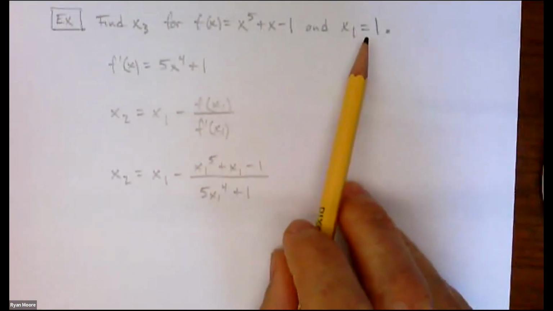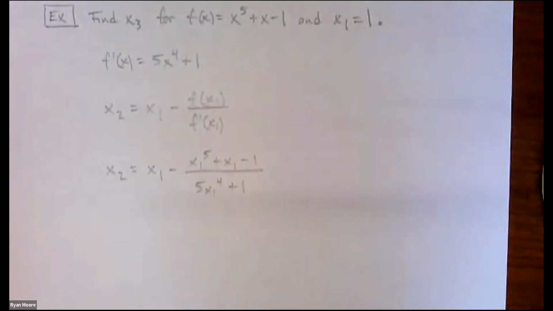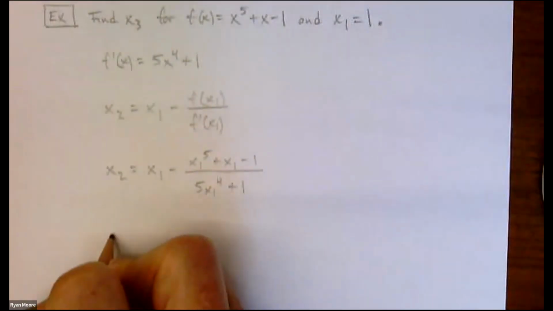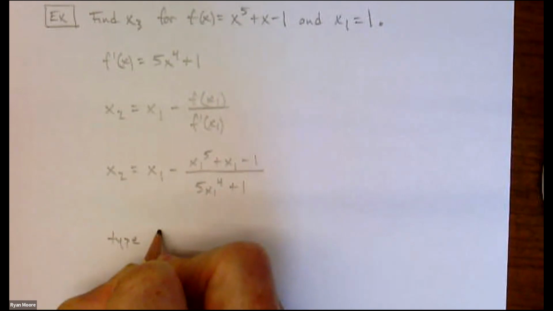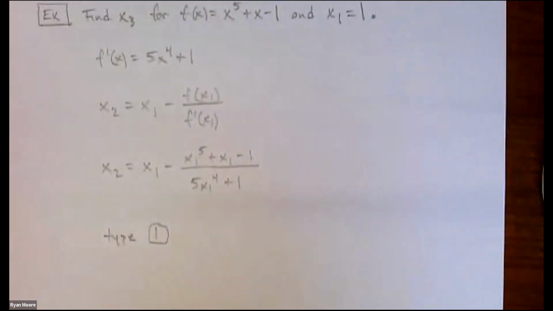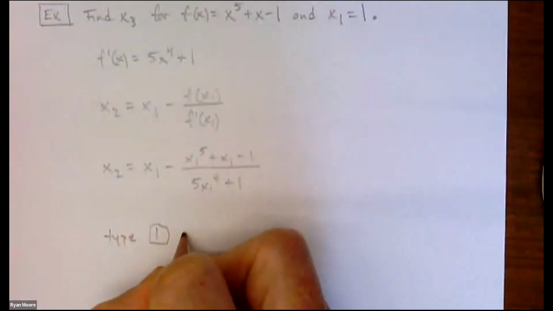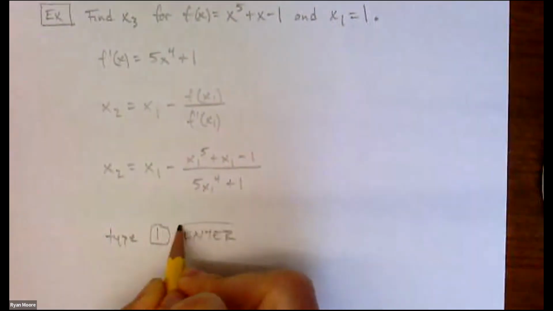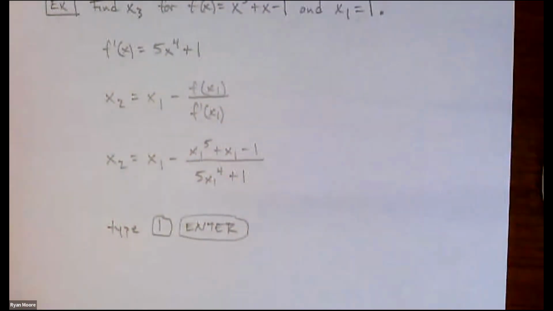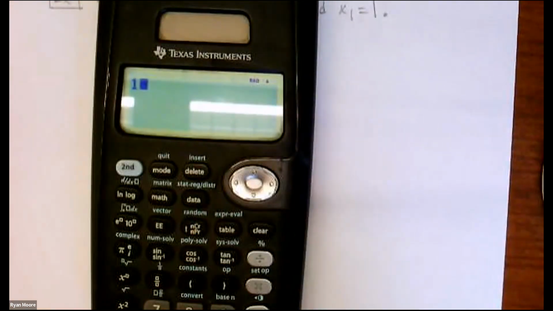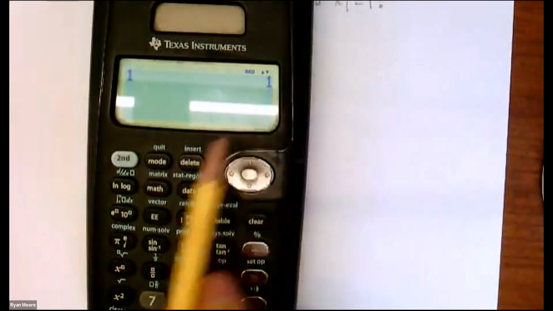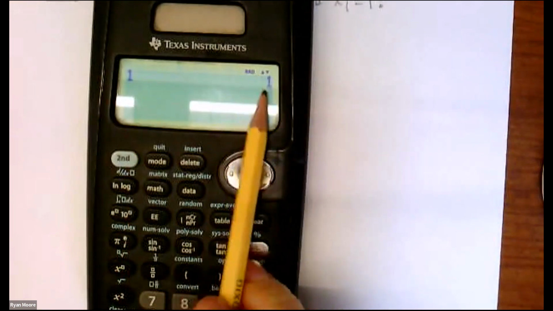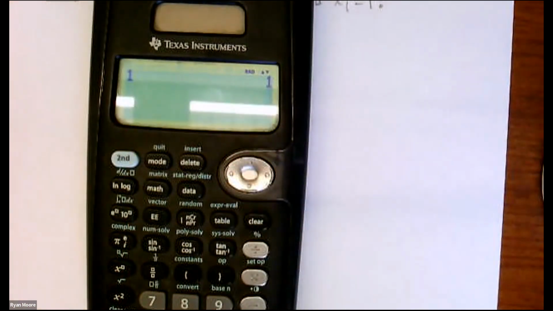Starting with our first approximation, we're going to type in that number, just the 1, and then hit enter. Why are we doing this? If I type in 1, enter, well, it's just 1, but this is saving it in my calculator's memory. Then I'm going to be able to recall it.